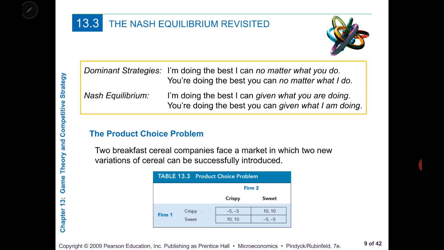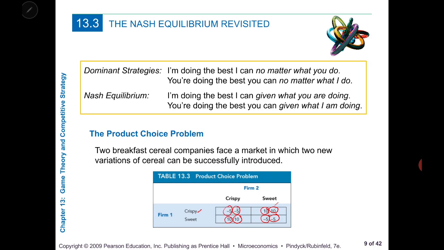But if firm 1 chooses crispy and firm 2 chooses sweet, then they will both stand to gain 10 and 10. Same thing, if firm 1 produces sweet and firm 2 produces the other type, crispy, they win. But if they produce the same type, sweet, they will both lose.